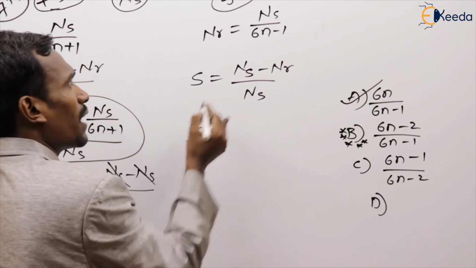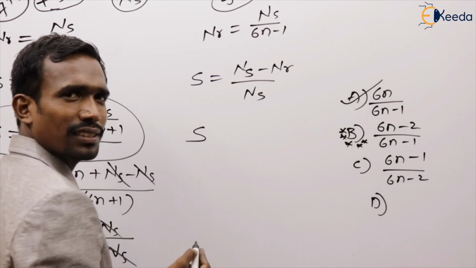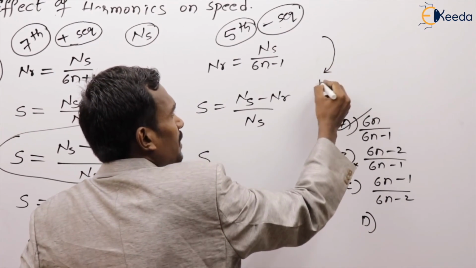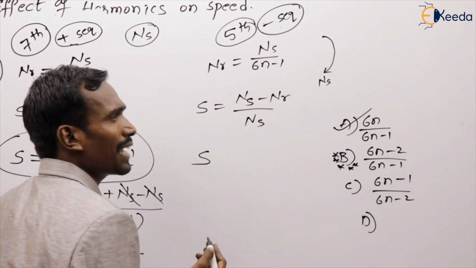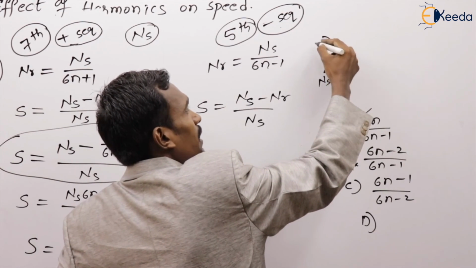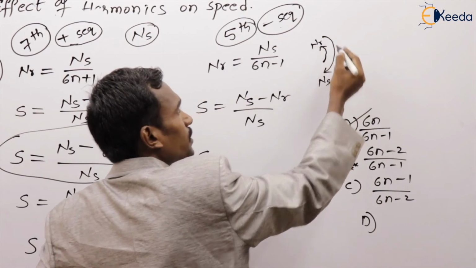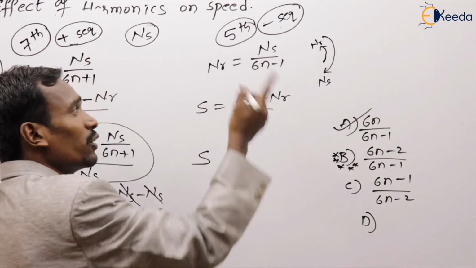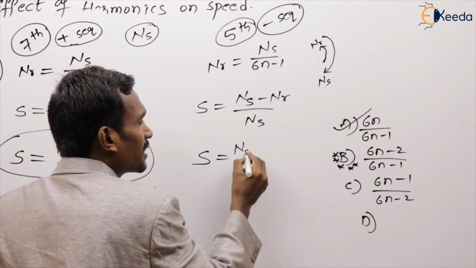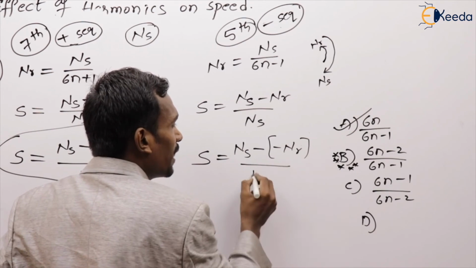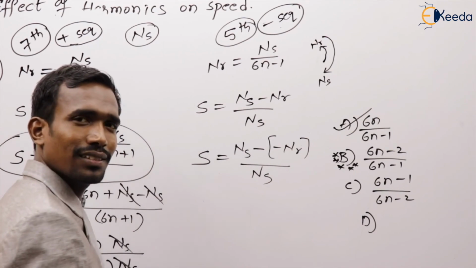And as I told you already, it is negative sequence. For negative sequence, if this is the synchronous speed of the magnetic field, the rotor rotates in the opposite direction. S is equal to (Ns minus Nr) by Ns.